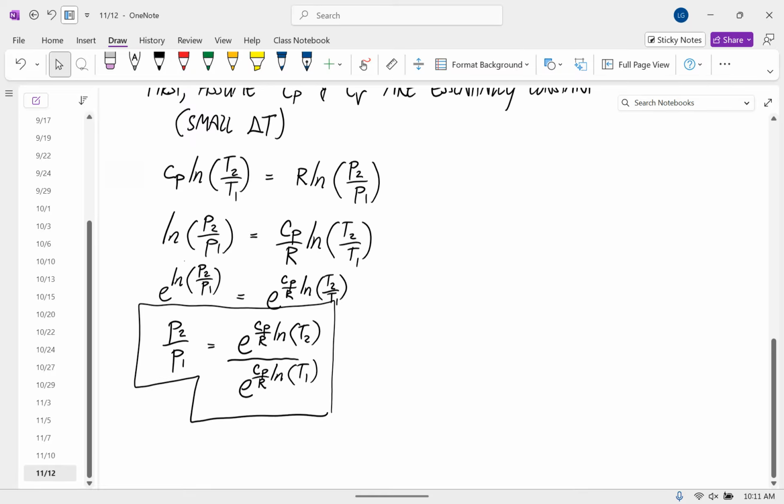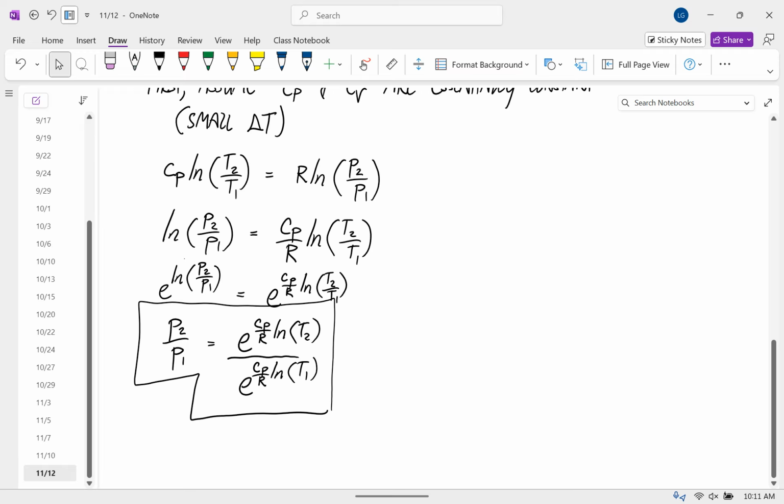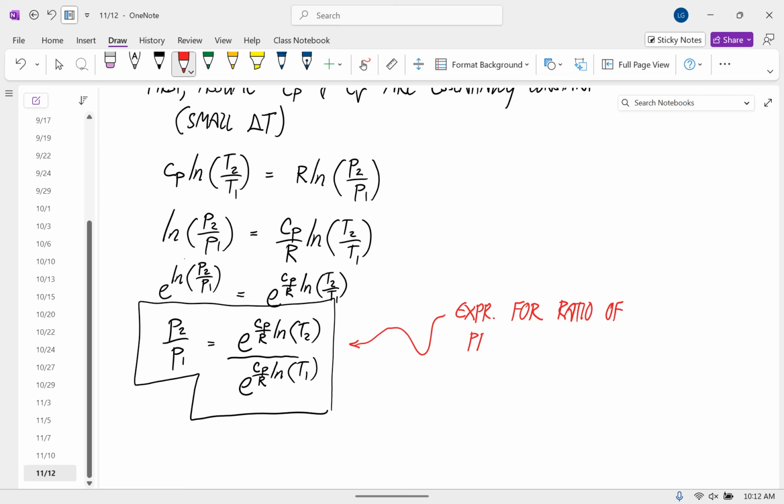So what we get here is an expression for the ratio of pressures as a function of temperature.